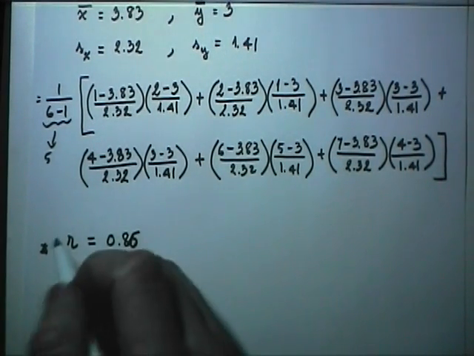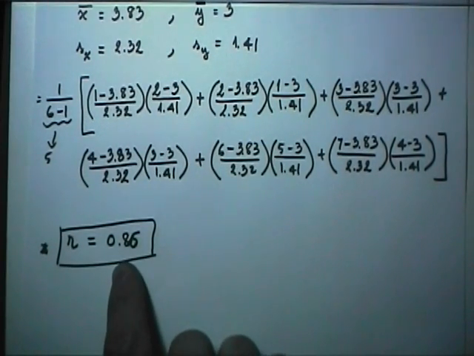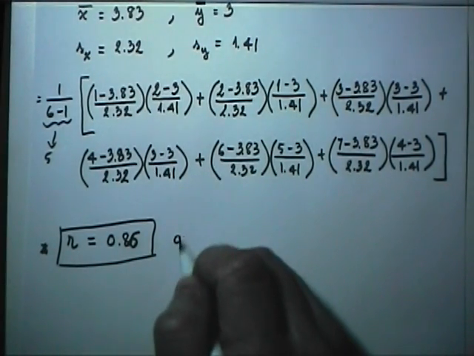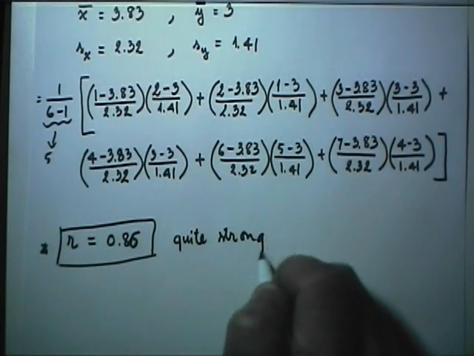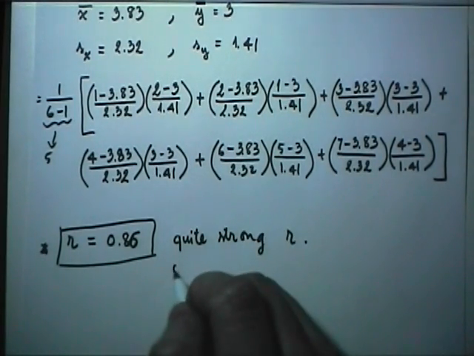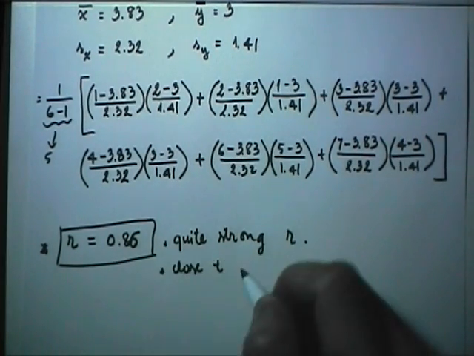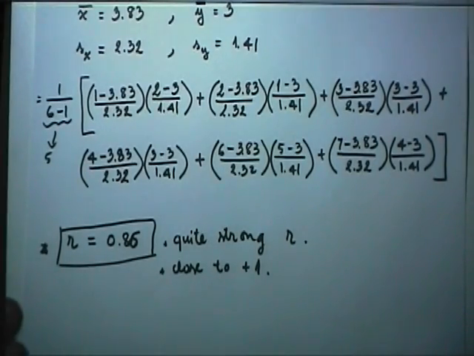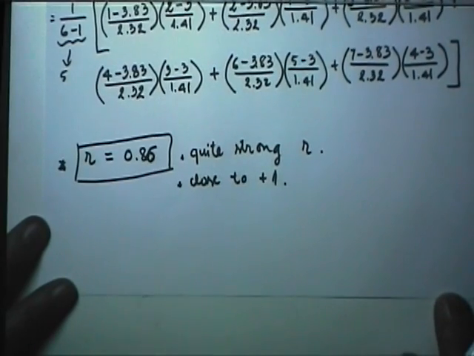So this value, 0.86, is pretty close to 1. It's a quite strong r, close to positive 1. Because 0.86 is so close to positive 1, what is our expectation here?